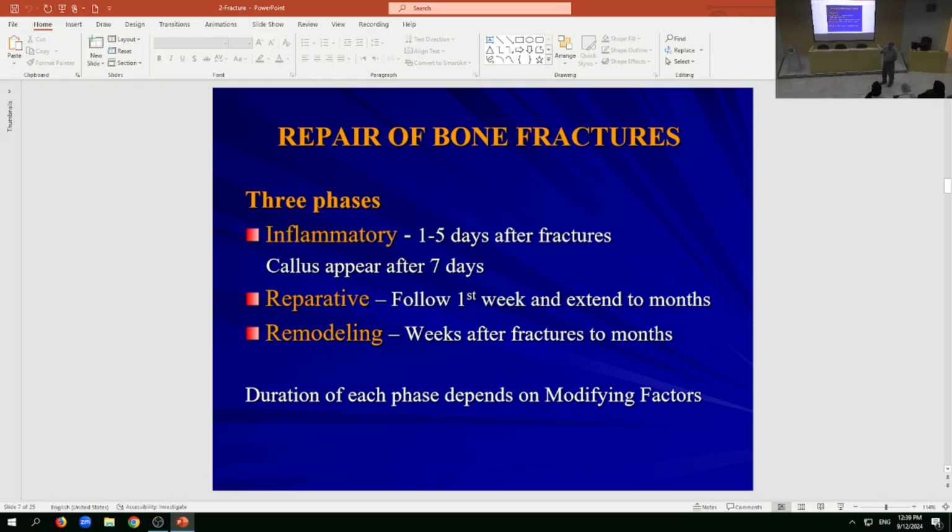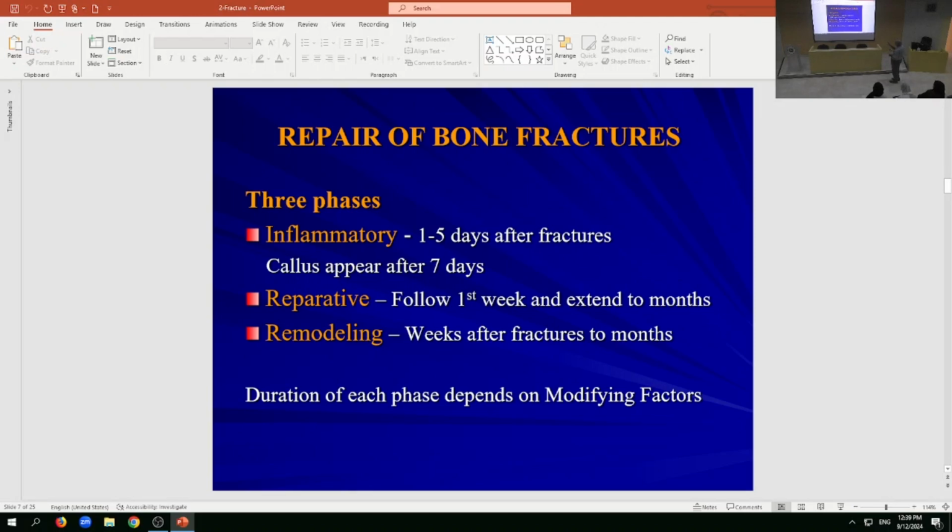So it is very difficult to put a line, say this is where inflammatory stops, or this is where reparative stops. It's quite continuous, but for descriptive purposes, it will be made into 3.